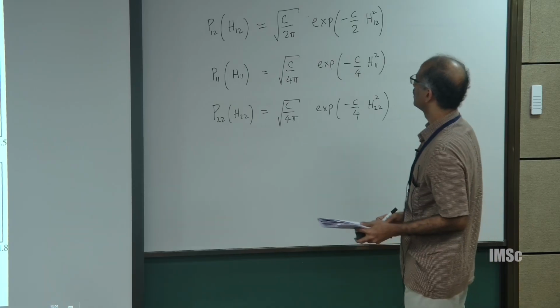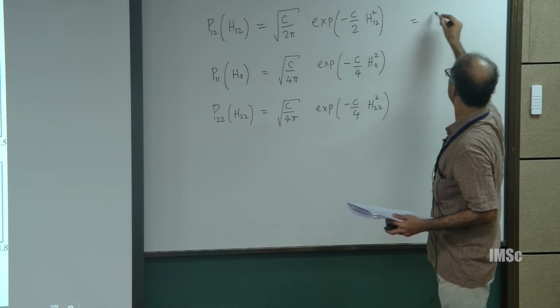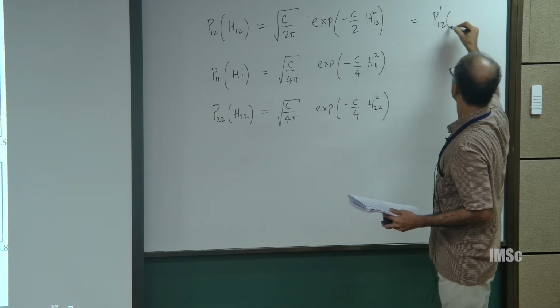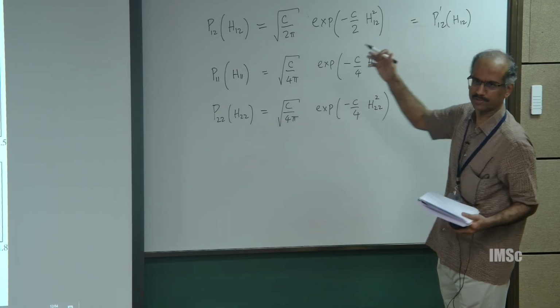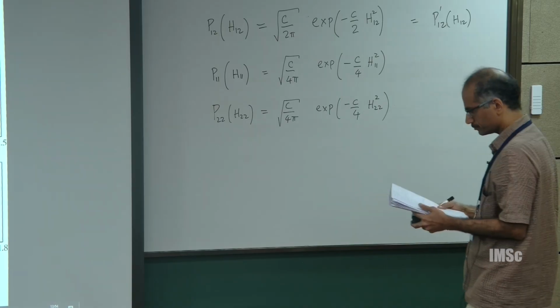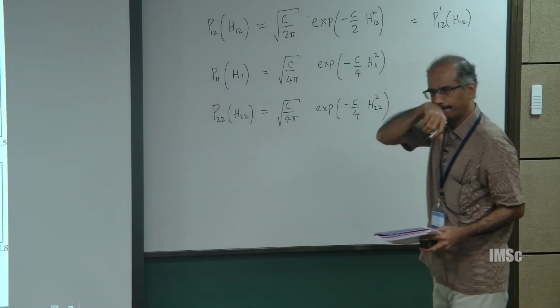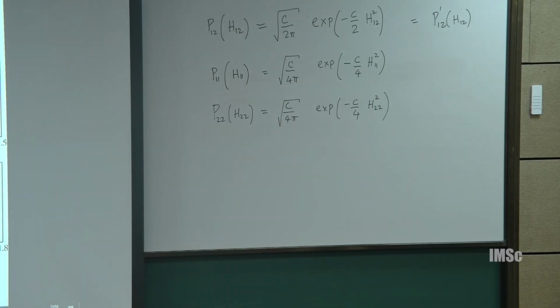H prime 22 is equal to, no. So in fact, if you want to do the primed one, it will be the same because you have explicitly demanded that invariance. We demanded the product to be the same.